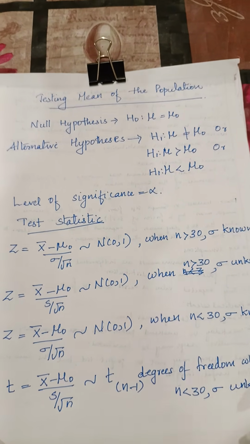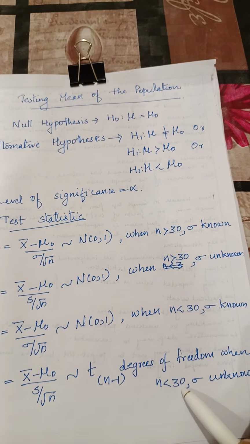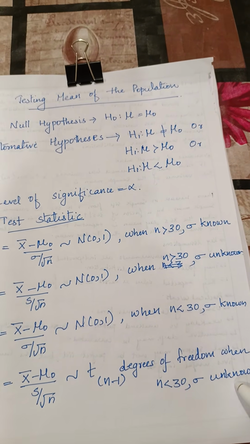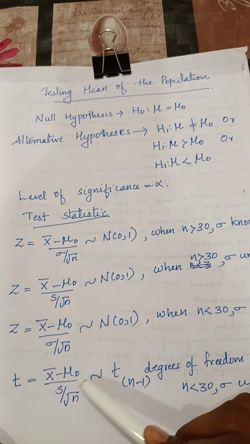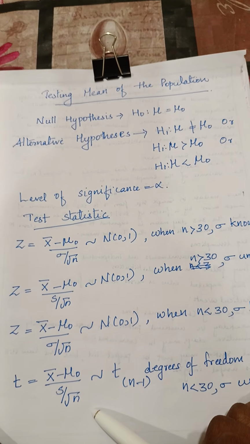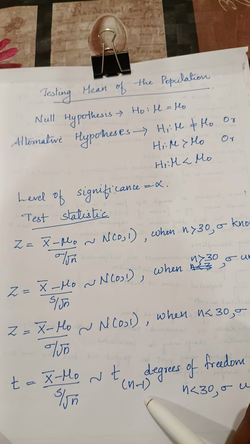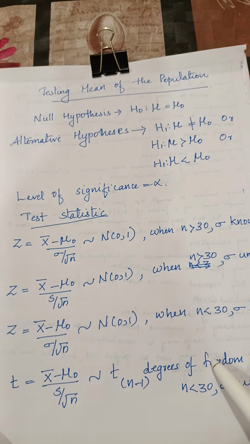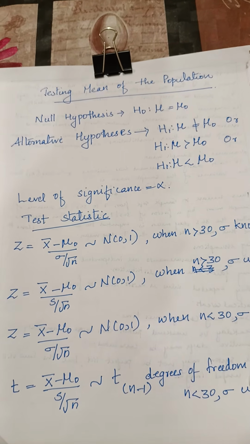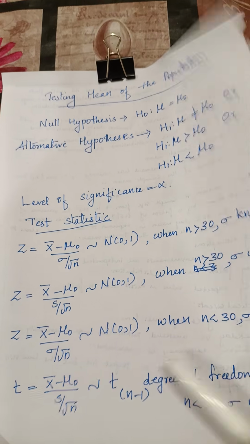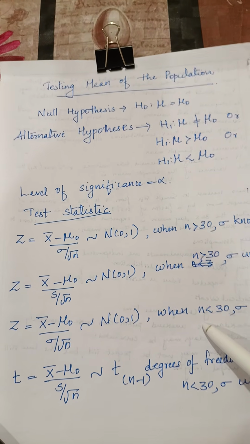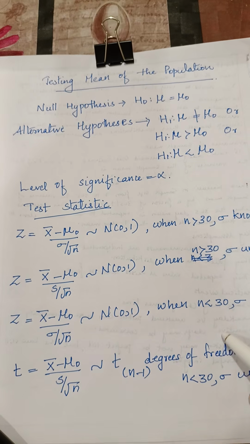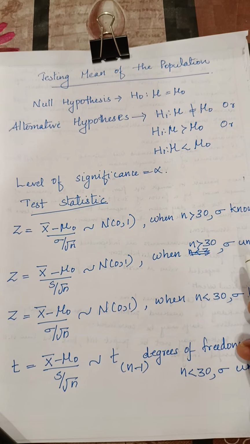And when n is less than 30 and sigma is unknown, we will be using the t test, x bar minus mu naught divided by s by root n, which follows t with n minus 1 degrees of freedom. Degrees of freedom is the number of independent observations. Okay, so these are the test statistics usually we use in testing the mean of a population.